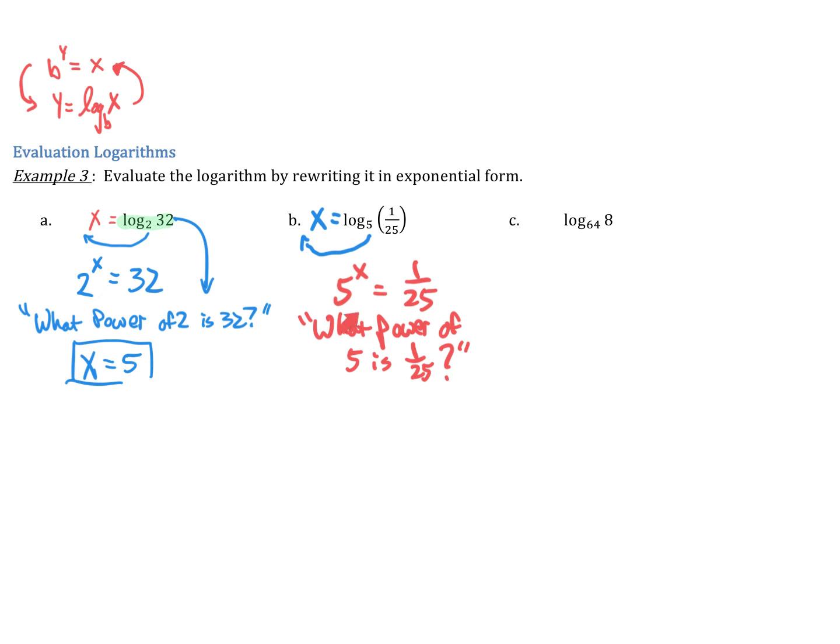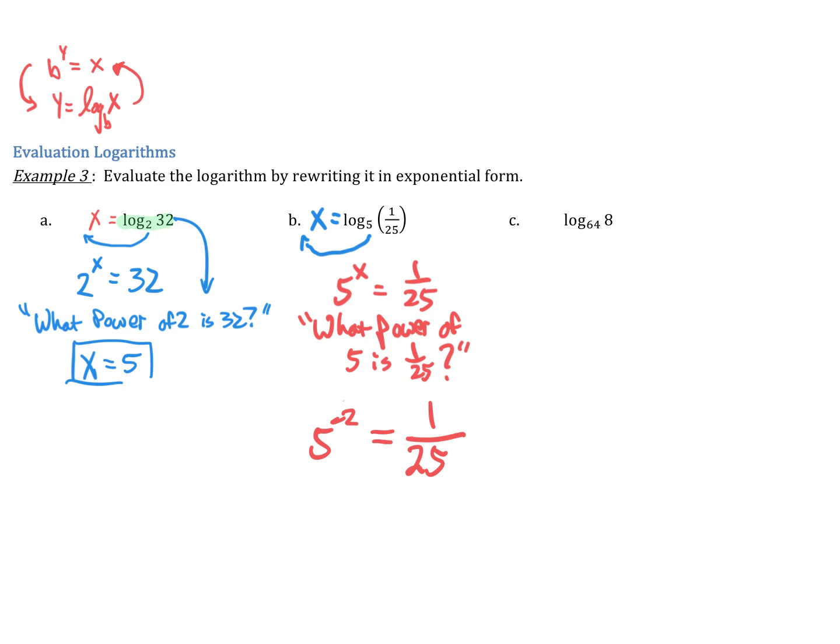And we can go through our powers. Well, if we think about our powers, we've got to ask ourselves, what makes the number drop down to the bottom? And that's going to be a negative power. So this is going to be a negative exponent. And 5 to the negative 1, we remember, is 1/5. 5 to the negative 2 will give us 1 over 5 squared, and 1 over 5 squared is 25.